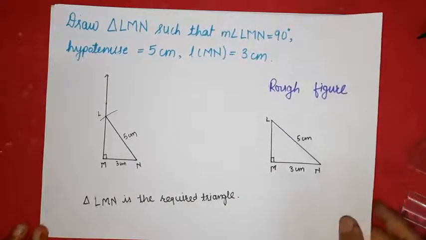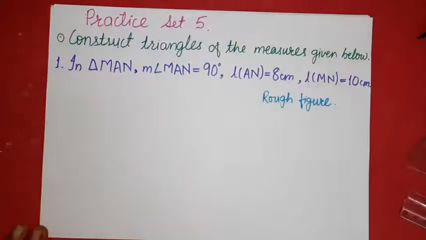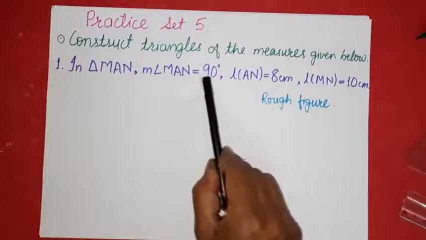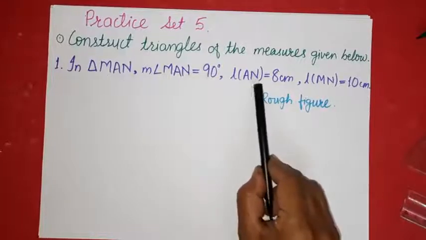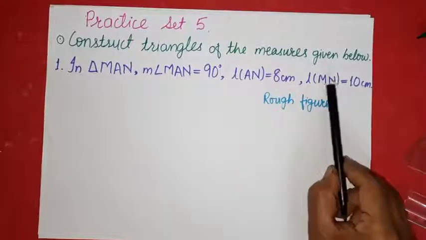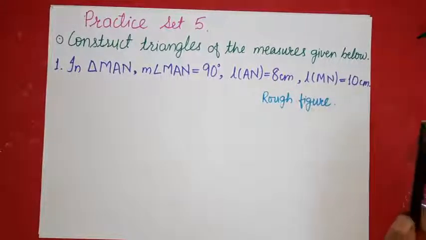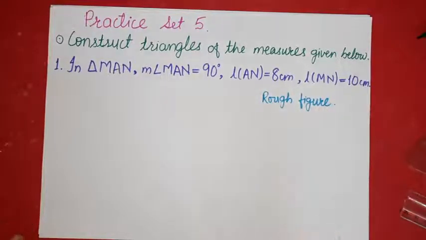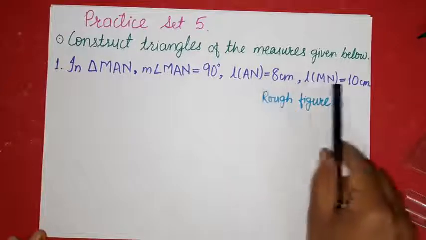Now we will start here with practice set 5. Let us go with the first example. In triangle MAN, measure of angle MAN is 90 degrees, length AN is 8 centimeter and length MN is 10 centimeter. Now here the hypotenuse is not given, or the name of the hypotenuse is not used while giving the measurements.